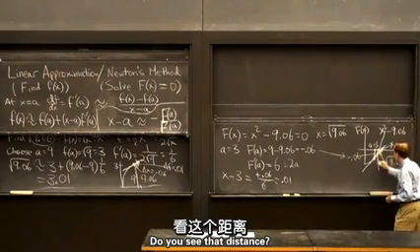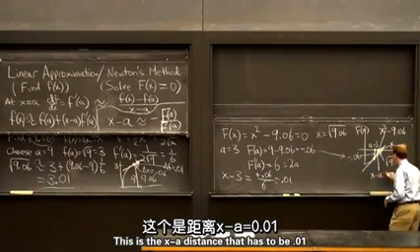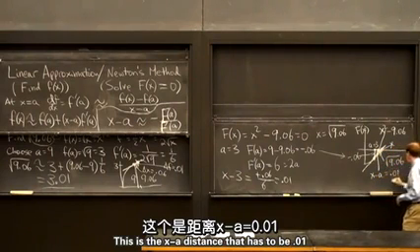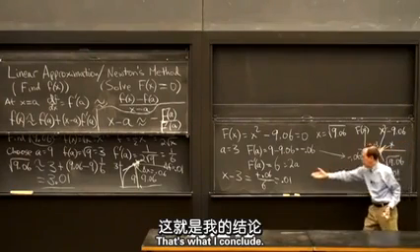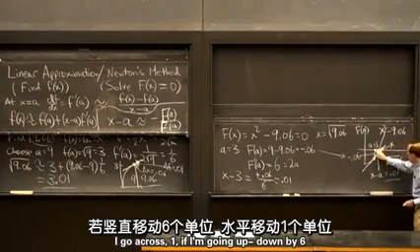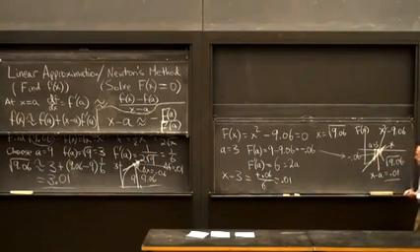You see that this x minus a distance has to be 0.01. That's what I concluded. I go across 1 if I'm going down by 6, because the slope is 6.